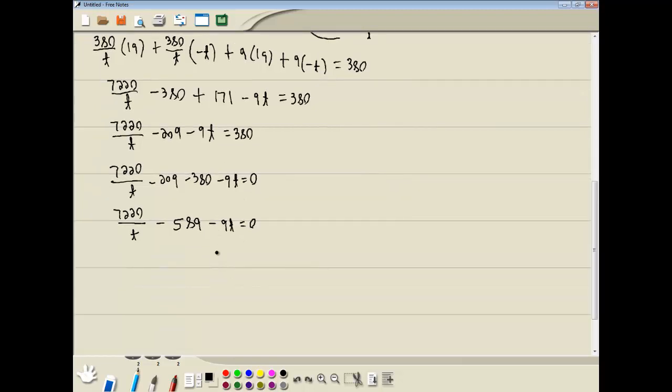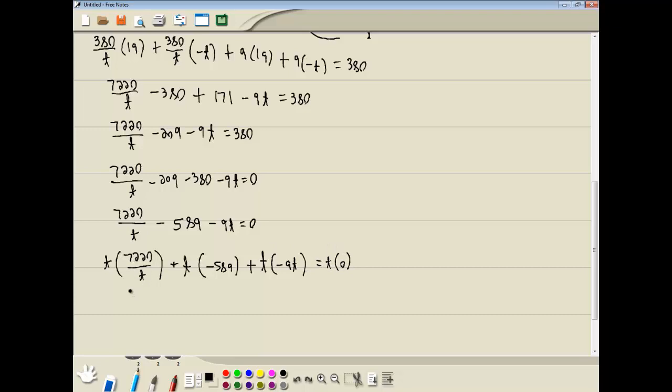Well, this is a rational equation at this point. We got a variable in the denominator, so we just want to get rid of that. So we'll multiply everything by t. We'll take t times 7,220 over t, t times negative 589, t times negative 9t and t times 0.